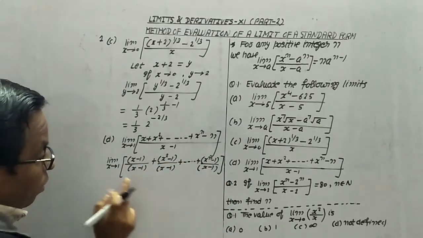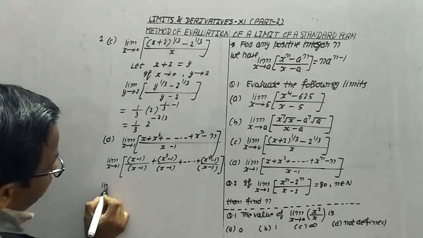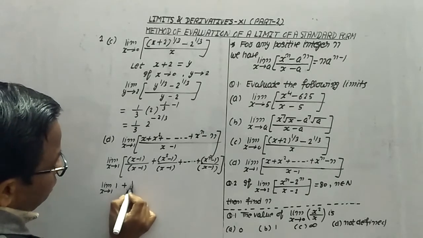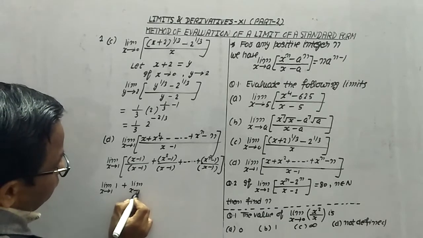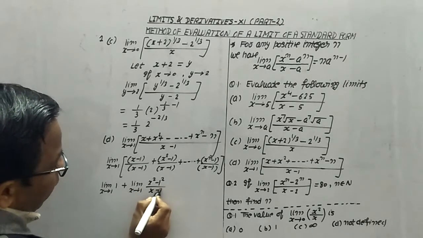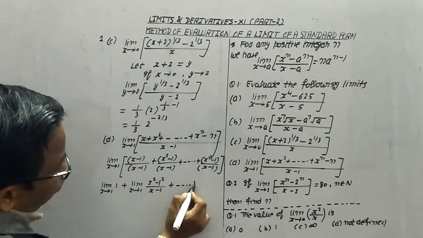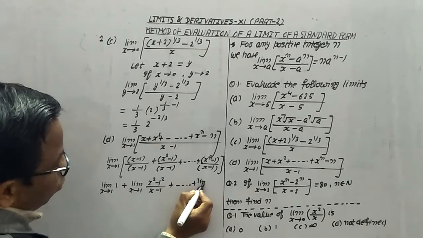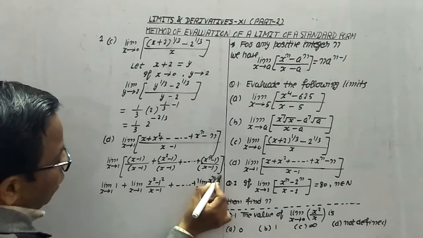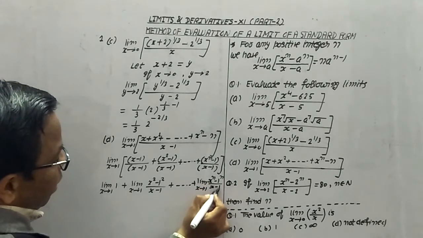Now according to the rules of limits, we can write the limit as x tends to 1 of 1 only, plus the limit as x tends to 1 of (x^2 - 1^2)/(x - 1), and so on, plus the limit as x tends to 1 of (x^n - 1^n)/(x - 1).